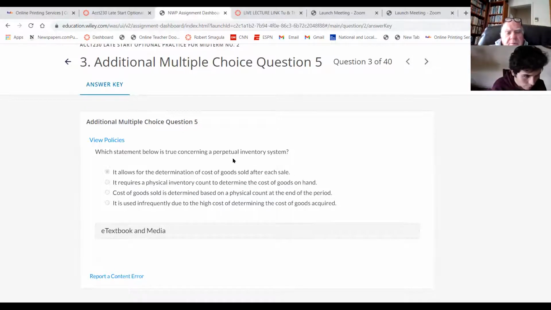What statement is true about a perpetual inventory system? The answer is A, and A is the key difference. It allows for the determination of cost of goods sold after each sale. That is the one key difference between the perpetual system and the periodic. You are recording a 4-line journal entry.